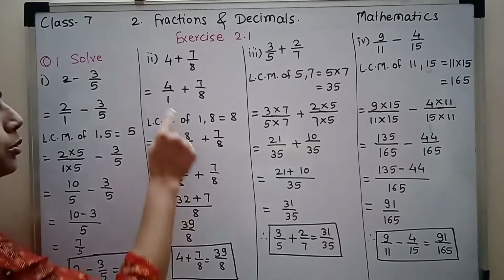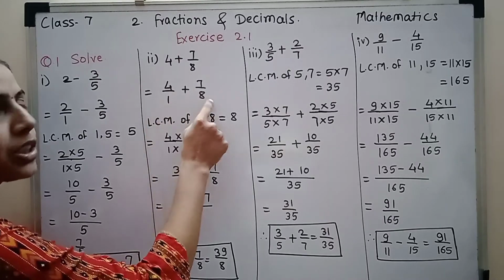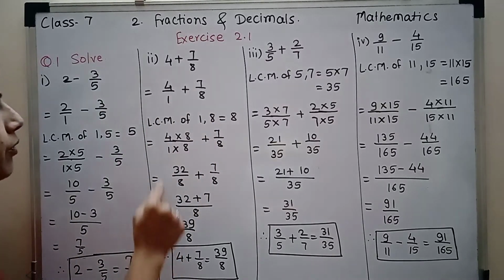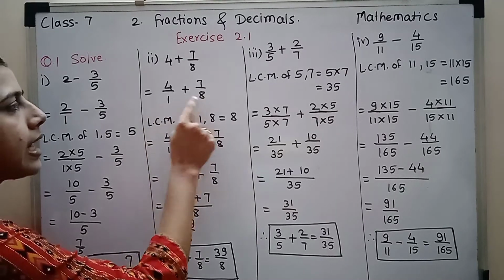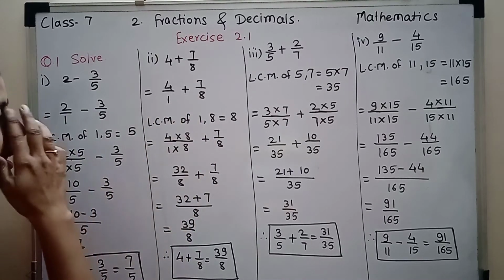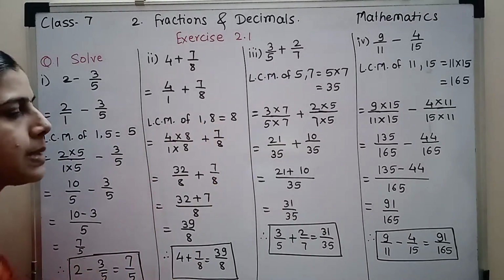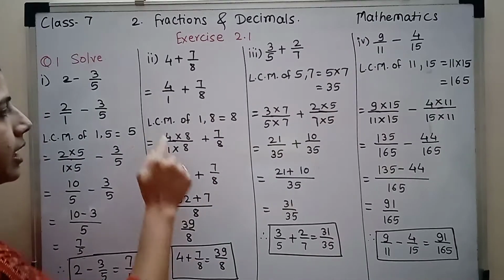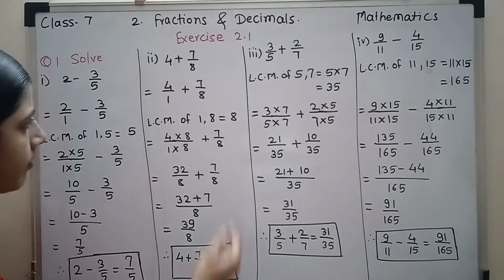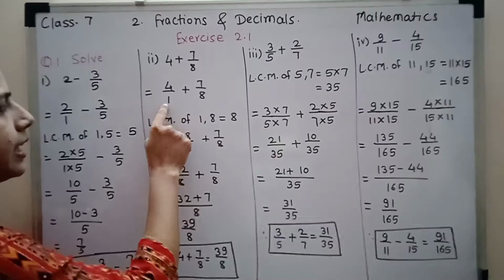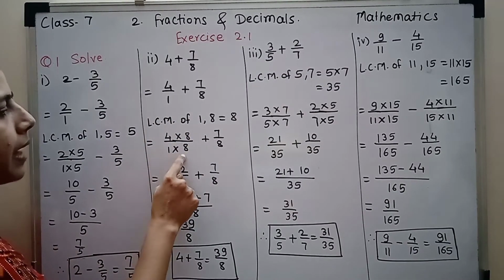Now again, to add the two fractions, the denominators should be equal, and for that we need to take the LCM of 1 and 8. Just now we have seen that the LCM of 1 and any number is that respective number. So here the LCM of 1 and 8 equals 8. To get 8 in the denominator of the first fraction, we multiply the denominator by 8.